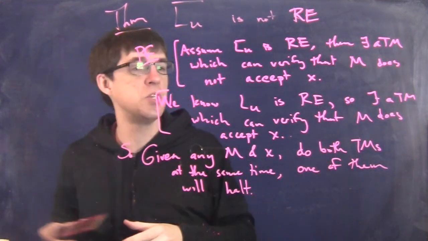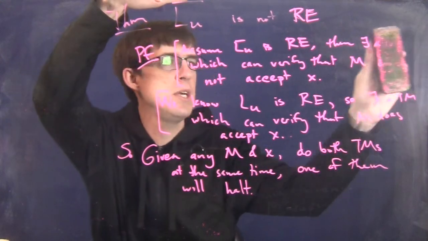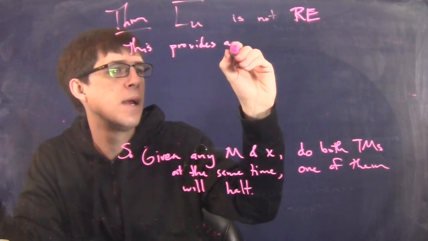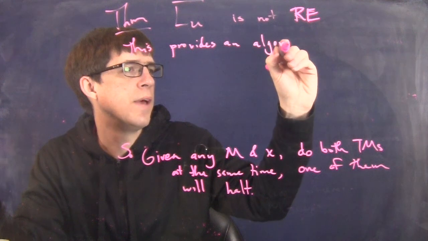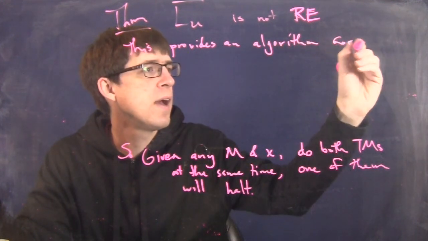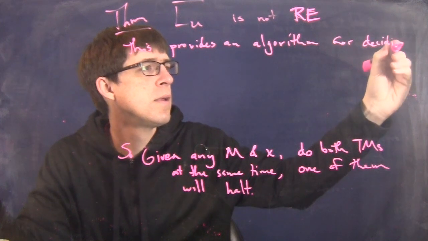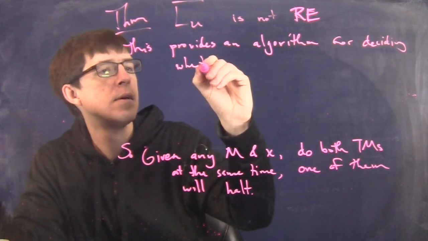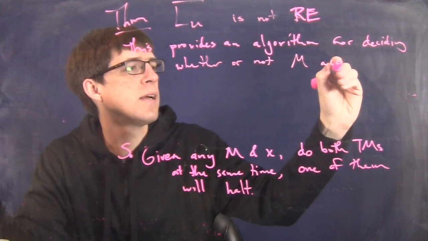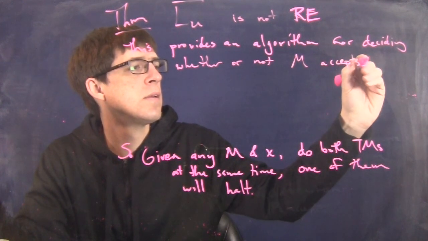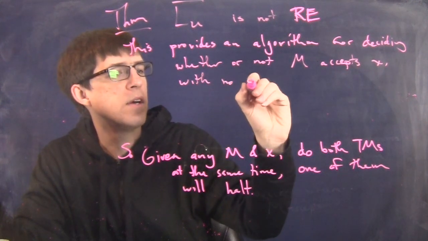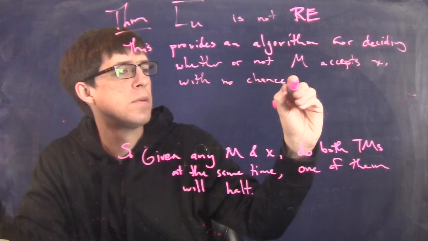Combining these two machines into one sort of mother machine, this provides an algorithm, that is a procedure which you can do using Turing machines, for deciding whether or not M accepts X with no chance of infinite loops.